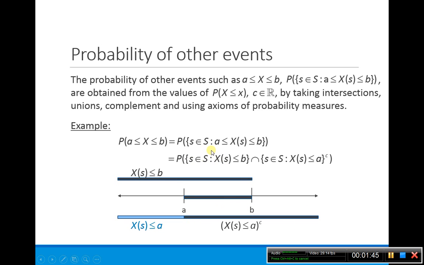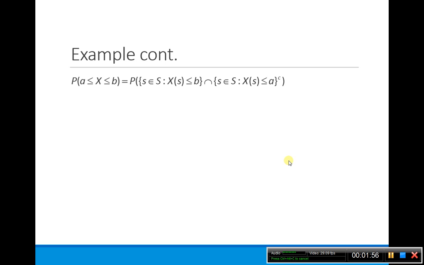So this is the probability of capital X less than or equal to B intersected with the complement of capital X less than or equal to A. So now we have a probability of an intersection. How do we find the probability of an intersection?